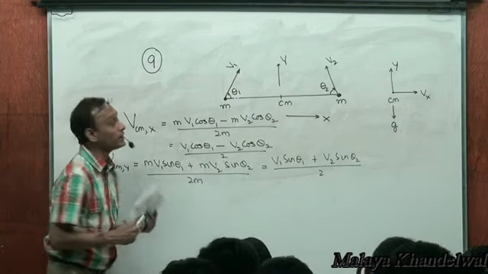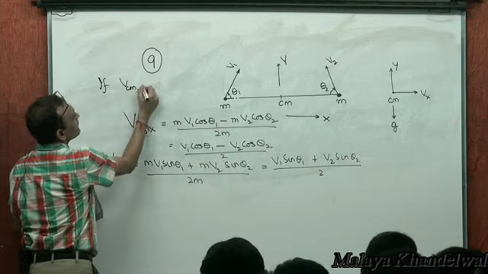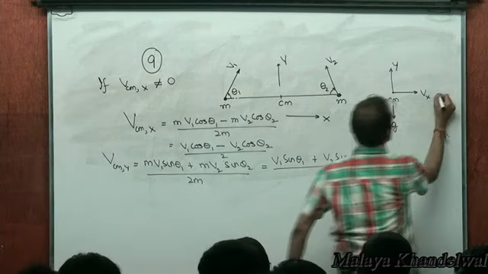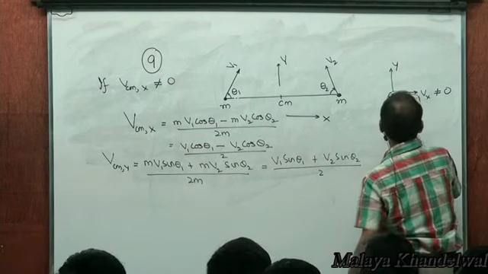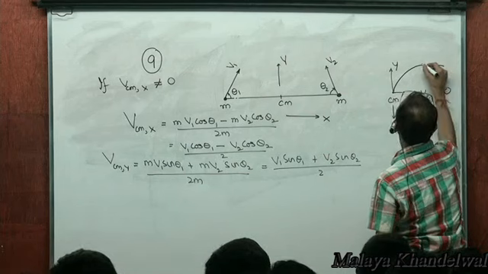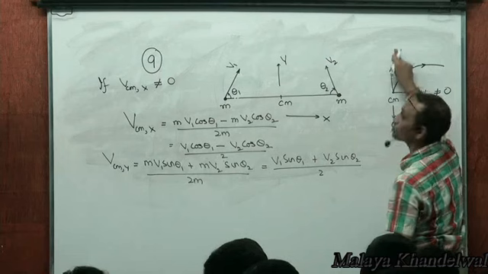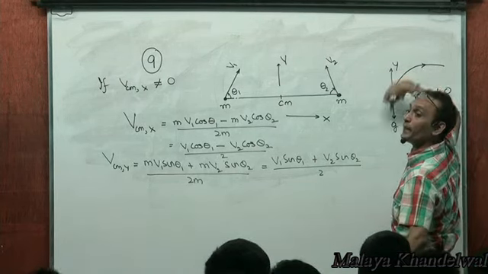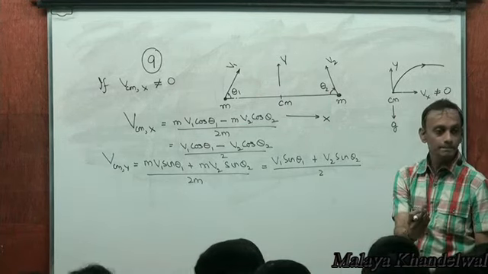If VCM in the x direction is not 0, and Vy is anyways not 0, then this would represent a projectile trajectory, a parabolic trajectory. It has a non-zero horizontal velocity, non-zero vertical velocity. Subject to g downwards, it will take up a parabolic trajectory, regular projectile motion, right?